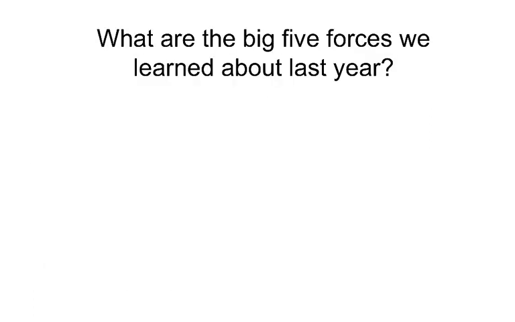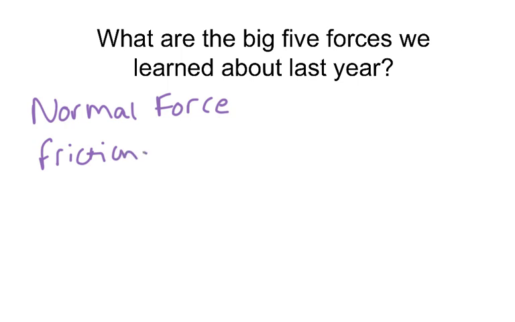All right, let's review. We talked about 5 main forces last year. We talked about the normal force. Normal force. We talked about the frictional force. Remember, for these two forces, we need a solid surface.